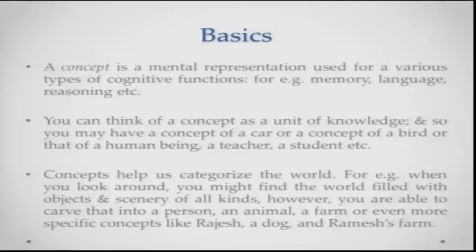Concepts help you think about the world in the sense that you automatically carve out this world into particular concepts. These are animals, these are human beings, these are birds, these are trees, or this is a car, and all of that is your way of saying that I understand what this world is about.